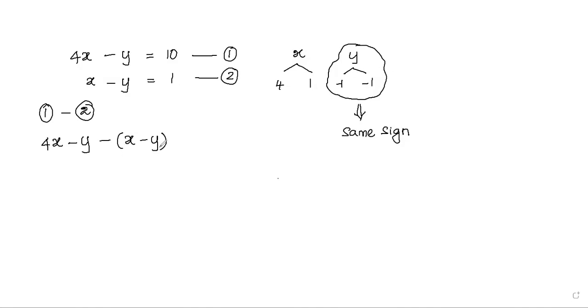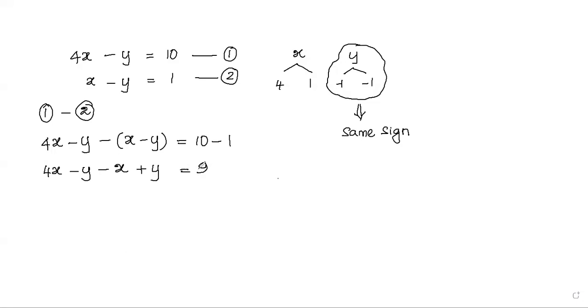I told you that when you are writing the second equation, always write the second equation inside the bracket. And here you have 10 minus 1. Then you solve the bracket: for x minus y, this becomes negative x. Then negative times positive, negative y, becomes positive y, equal to 9.